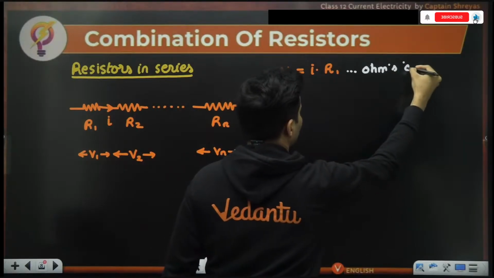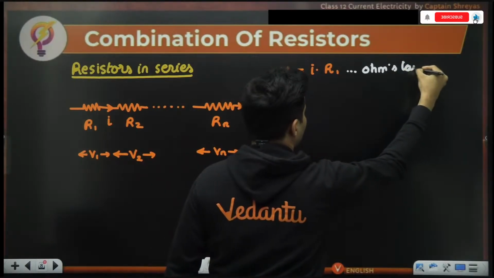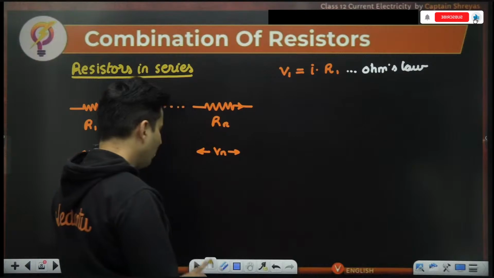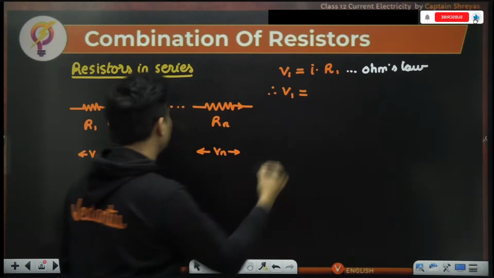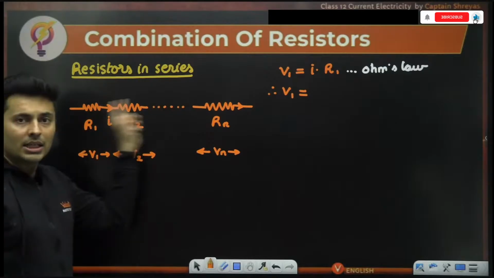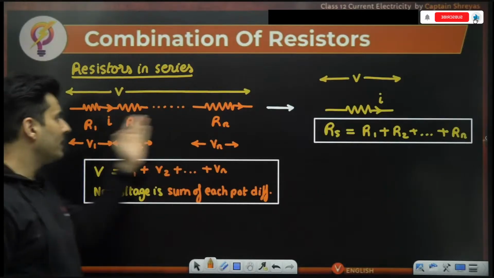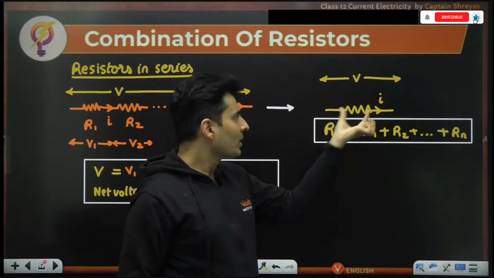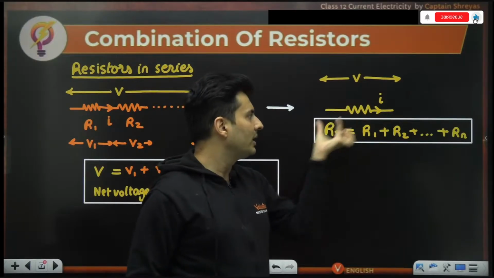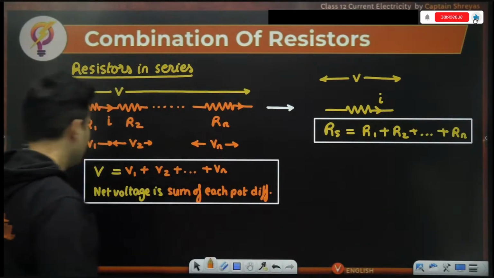Is that right? This is nothing but Ohm's law. What is that current? If you think carefully, you will realize this current is passing through all the resistors, also through the equivalent resistance. So think logically, this current is the total voltage by the total resistance. Isn't that right?